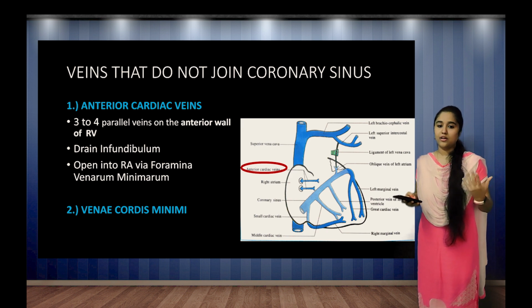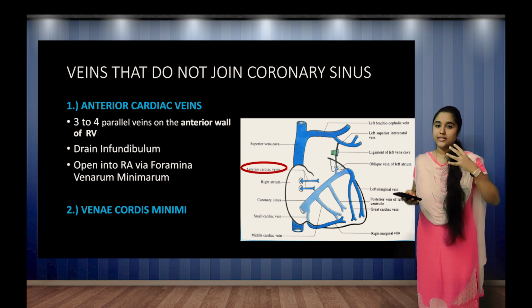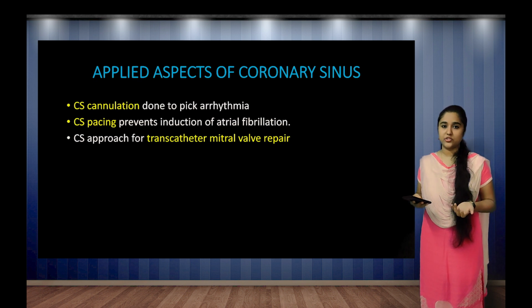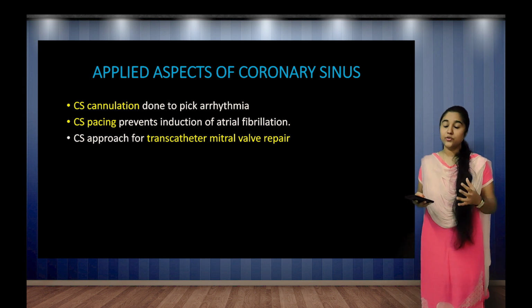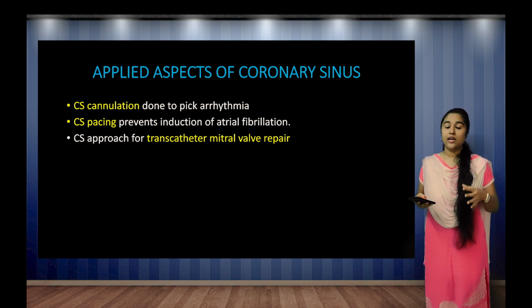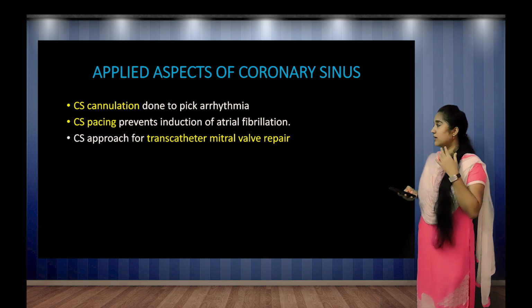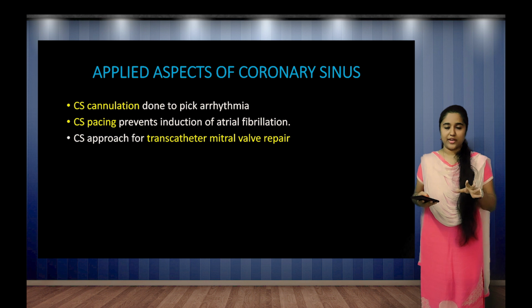And there are many venae cordis minimae or Thebesian veins that drain about 40% of blood into the cardiac chambers. Now the applied aspects of the coronary sinus: you can do coronary sinus cannulation to pick up arrhythmia. Then coronary sinus pacing can be done, which prevents the induction of atrial fibrillation, and the coronary sinus approach is also used for transcatheter mitral valve repair.